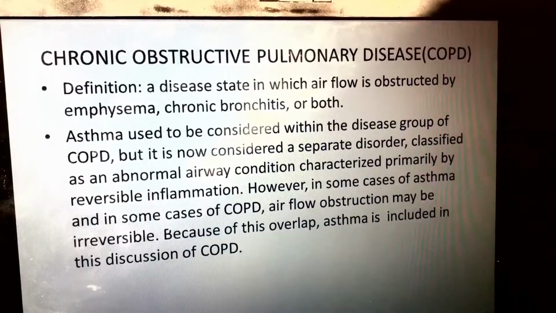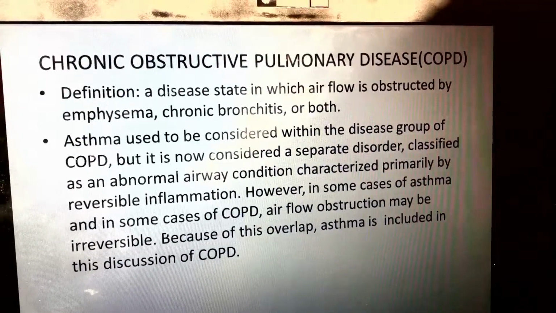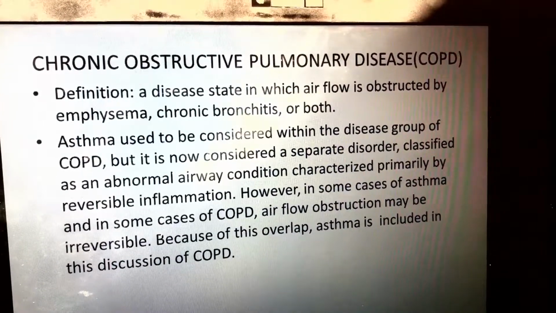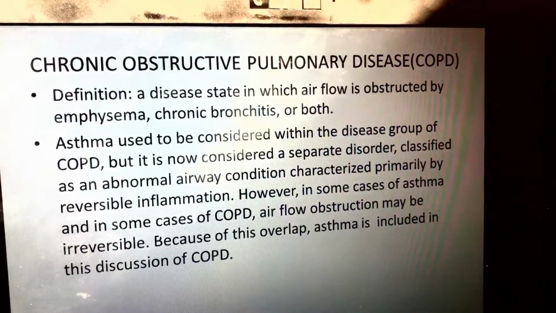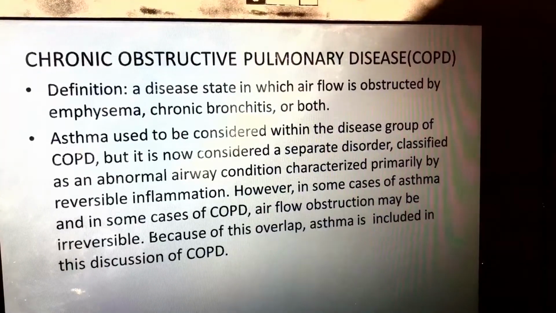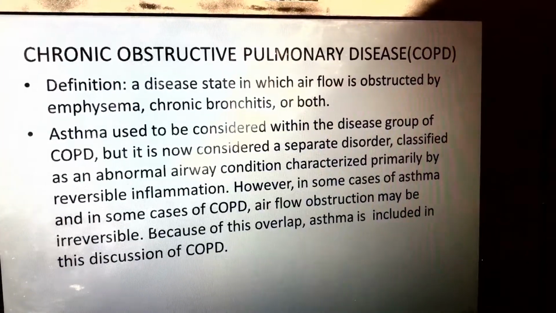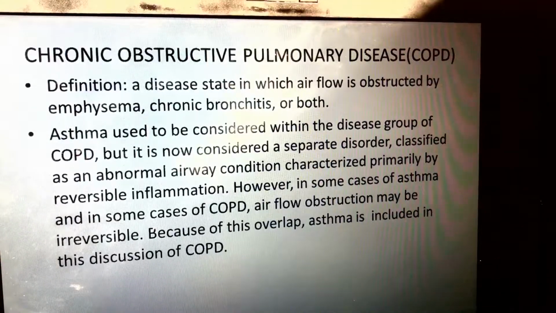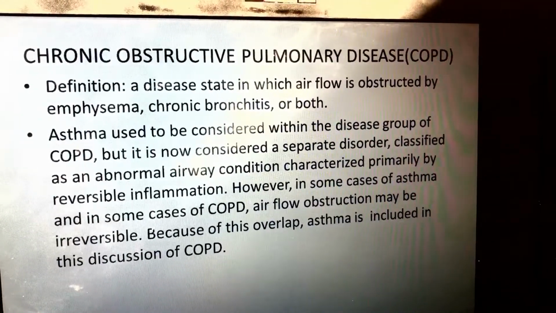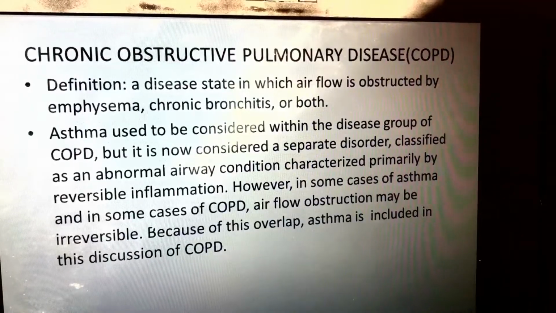In summary, COPD is chronic obstructive pulmonary disease. It is related to emphysema and chronic bronchitis, or both. We will consider asthma as a part of COPD when the asthma is not reversible.